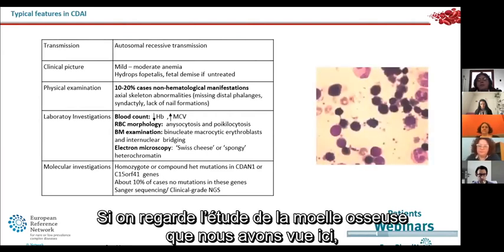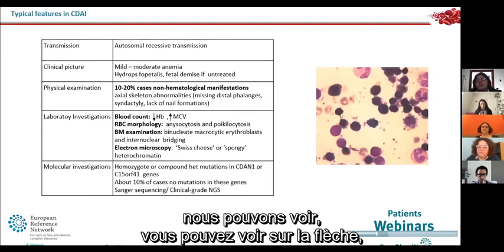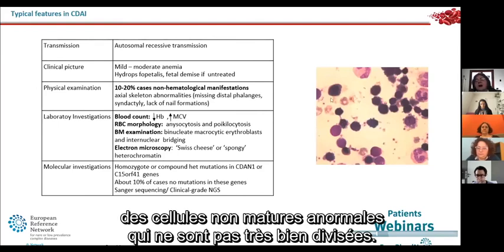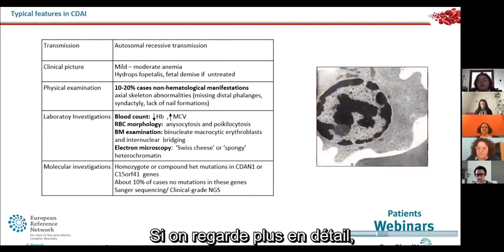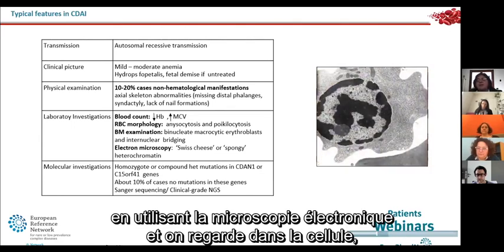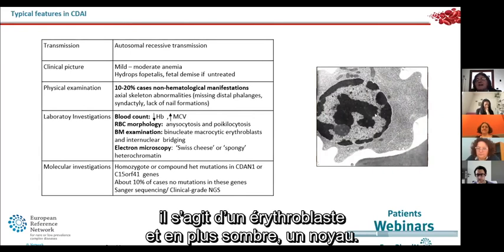And then if we look at the bone marrow examination, you can see by the arrow some abnormal immature cells that are not divided very well. In this case, we found this internuclear bridge that is typically found in CDA I. But if we look in more detail with electron microscopy, exactly inside the cell, this is an erythroblast, and this darker part is the nucleus.